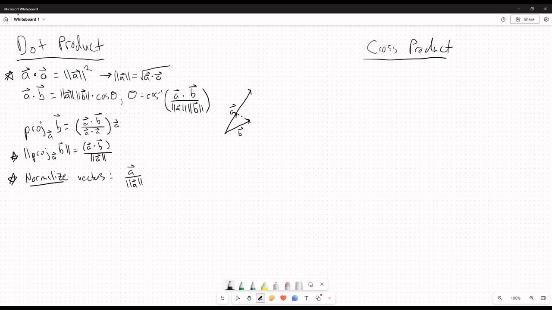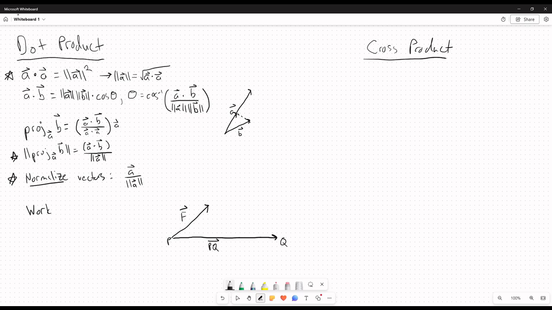And as far as context goes, one of the contexts that we'll see a lot is work. And work says that if I have a force acting on an object, so we'll say the force is something like this, and my object moves this far, we say this will be the displacement vector from P to Q. Notice this force isn't really pushing in the direction of P to Q, but you could see how this might relate in terms of the projection.